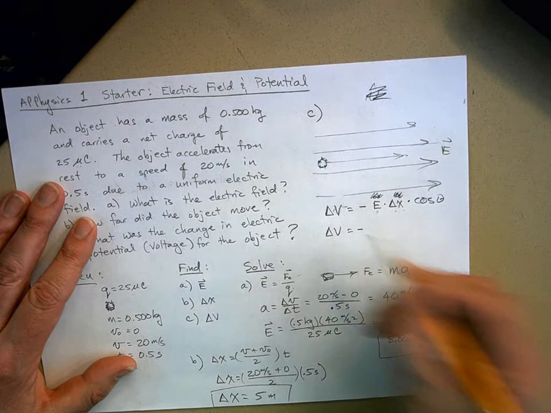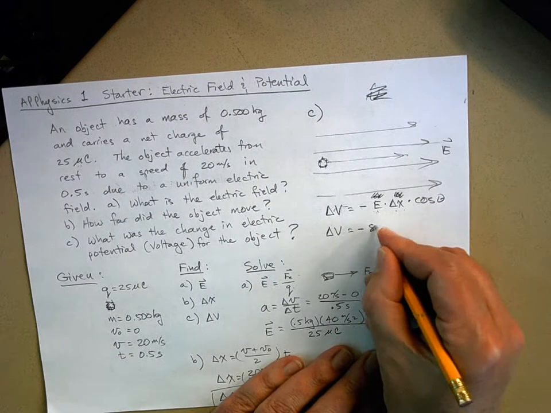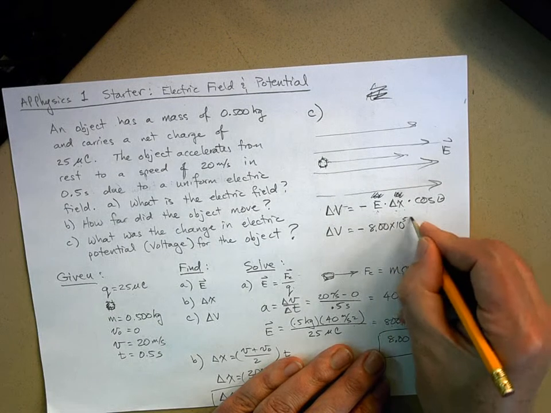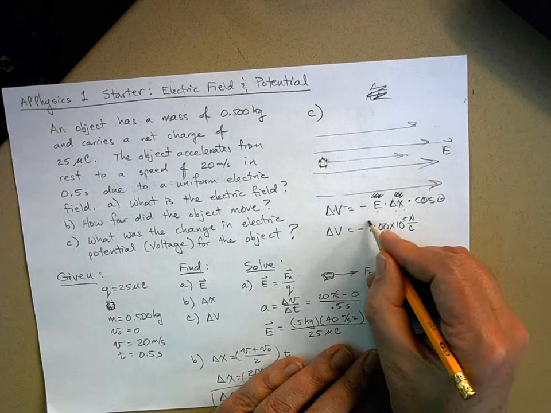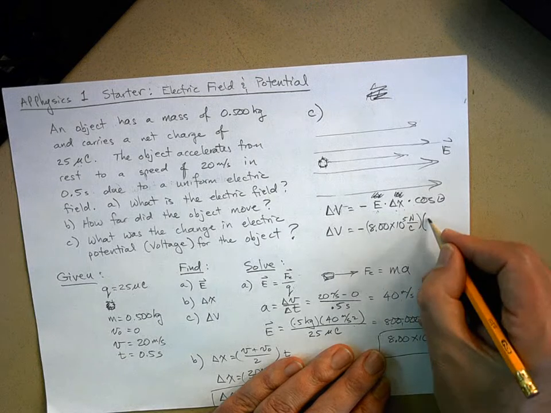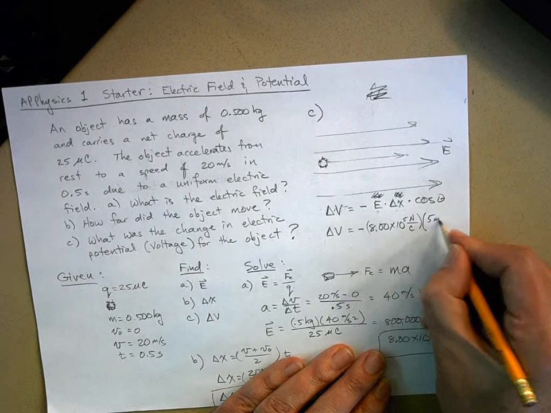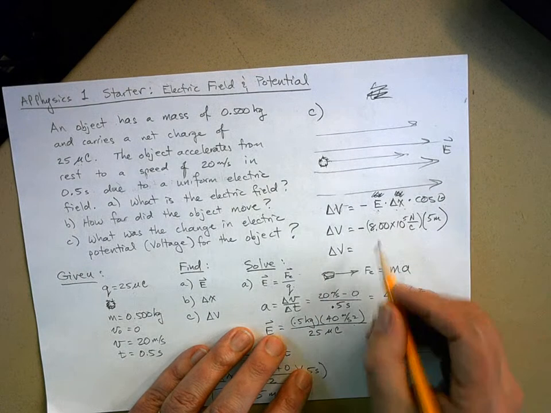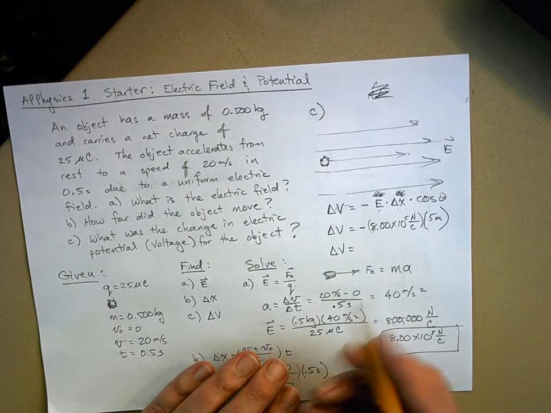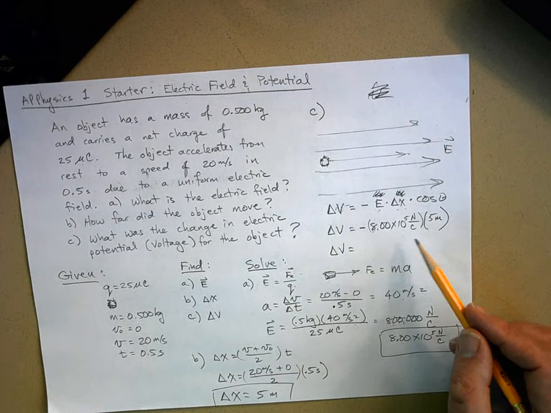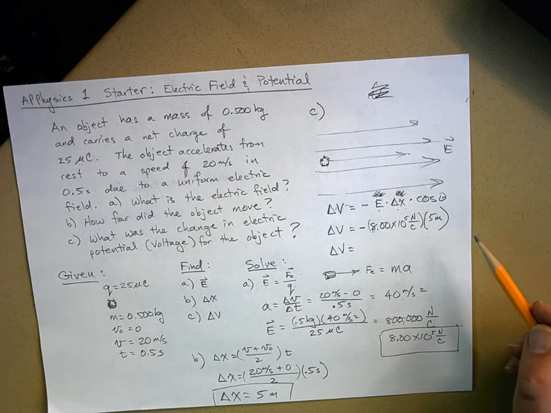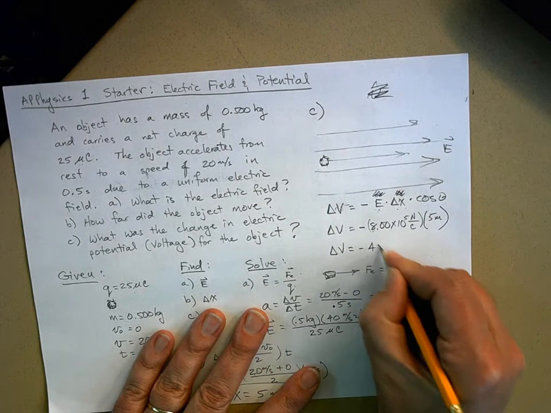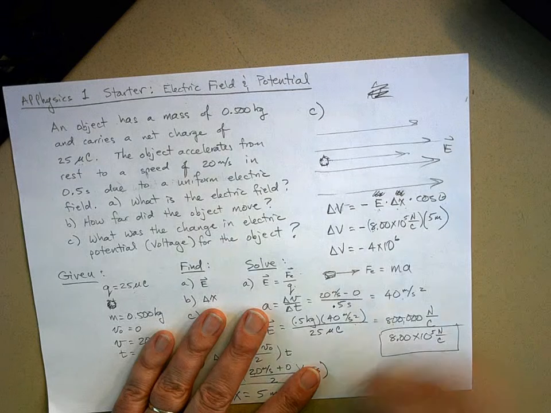All right. So, negative, and then do we know what the magnitude is? Yes, it's 8.00 times 10 to the 5 newtons per coulomb. Multiply that by 5 meters. So what's the change in voltage? Well, 8 times 5 is 40, and then 40 times 10 to the 5 would be 4 times 10 to the 6 volts.